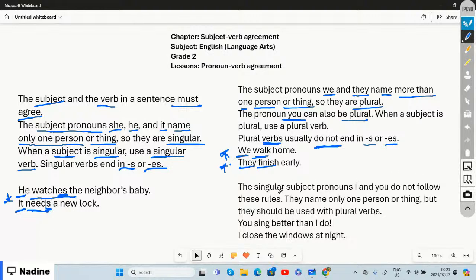And then we also have singular subject pronouns like I and you, right? So remember we said that you can be plural or you can be singular. If we refer to it as you, it can be singular or it can be plural.